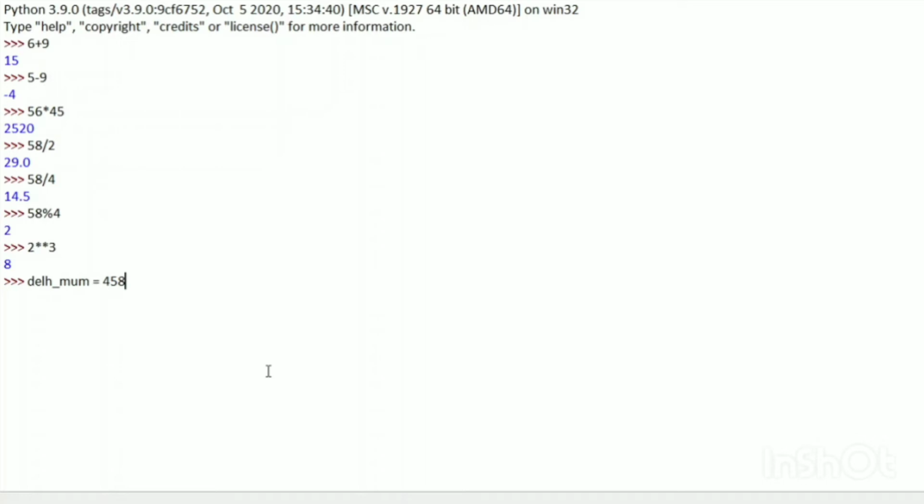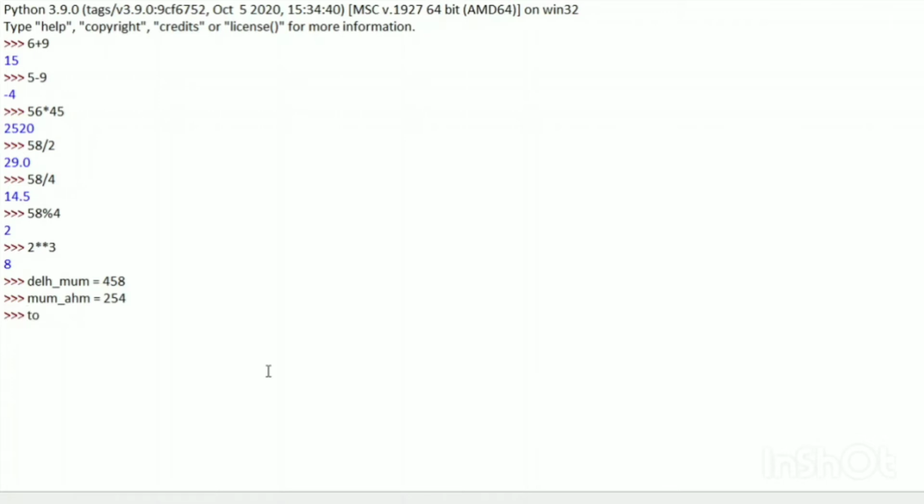So let's say that the distance between Delhi and Mumbai is 458 kilometers, and from Mumbai to Ahmedabad it is 254 kilometers. Now I have to find the total distance.